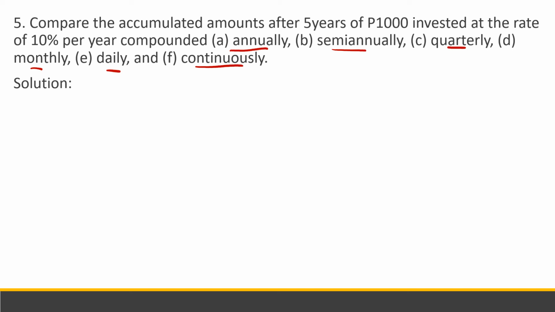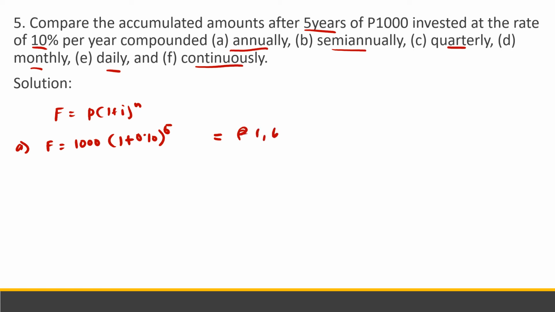Okay, so using the formula, F is equal to, so in our compound interest, 1 plus i to the n. So in A, we have F is equal to 1,000 multiplied by 1 plus, so this is annually, 10%, so 0.10, to the power of, 5 years pala, 5 years. So this is equal to 1,610.51 pesos.